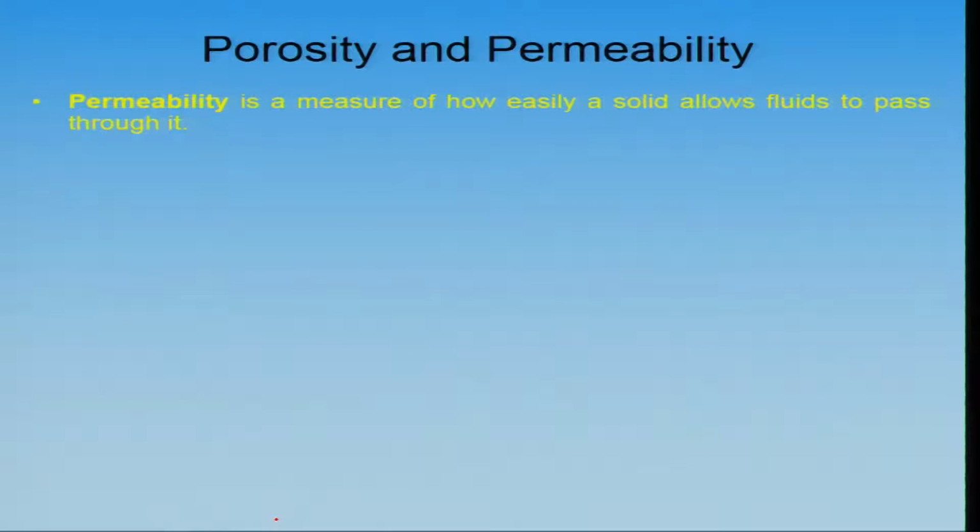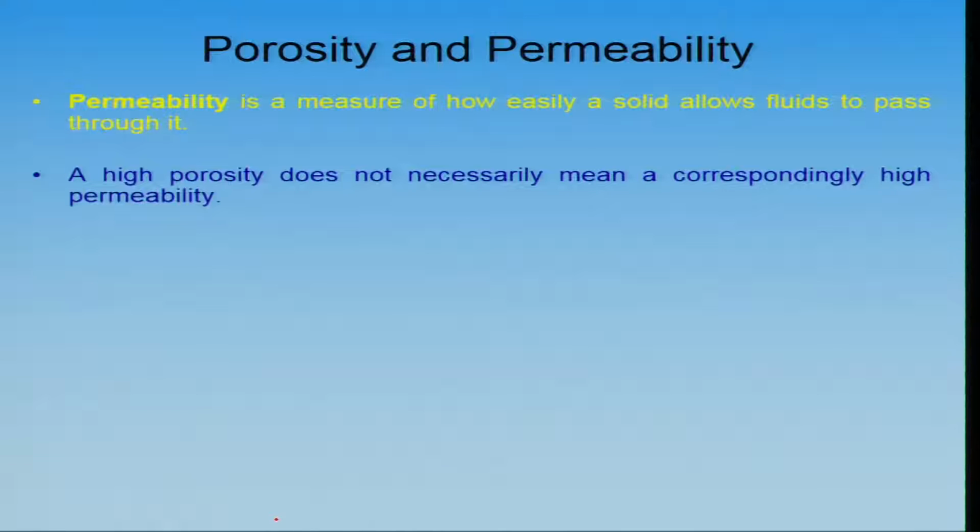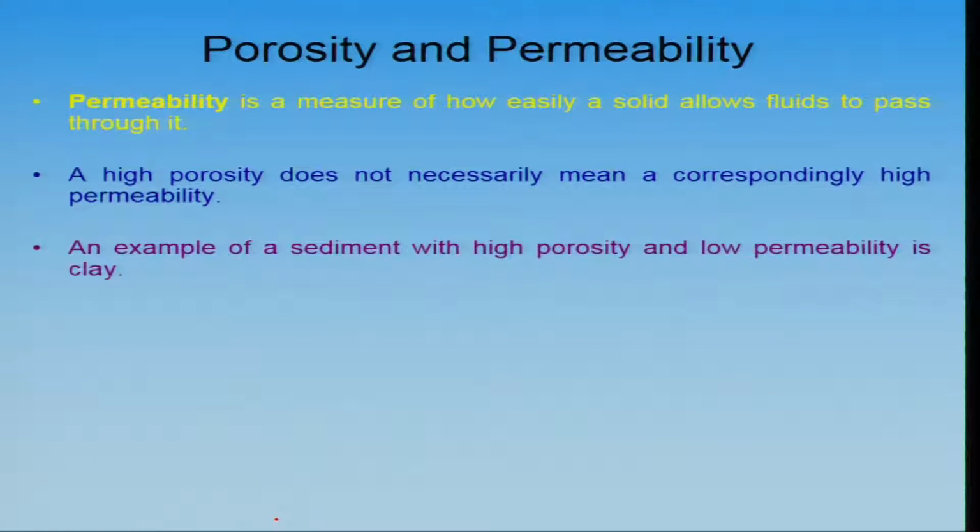Permeability is a measure of how easily a solid allows fluid to pass through it. Okay. A high porosity does not necessarily mean a corresponding high permeability. Okay. So, for example, in the case of clay, it has high porosity, but it has low permeability.